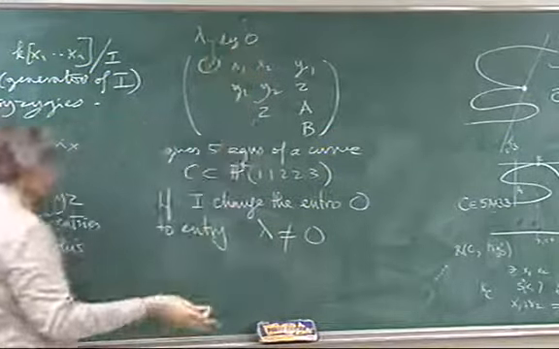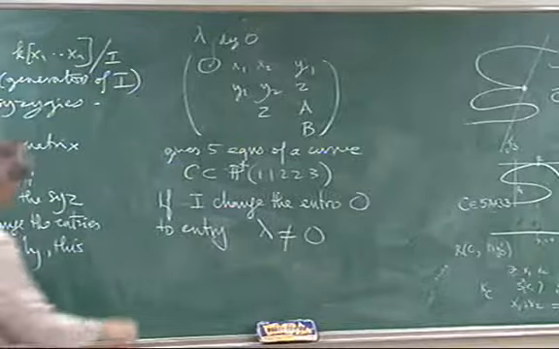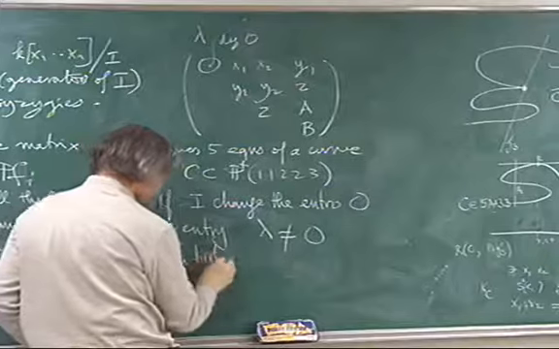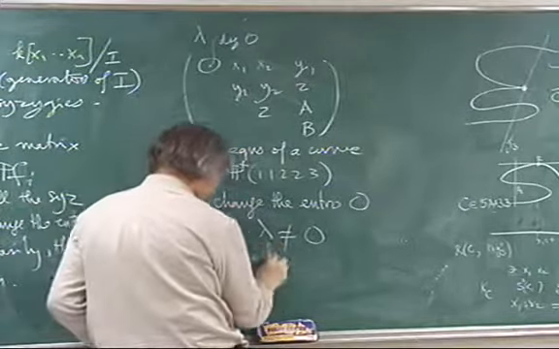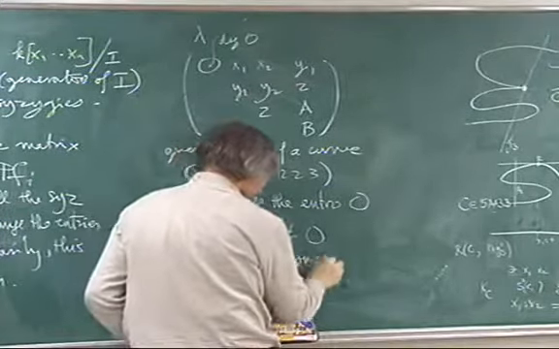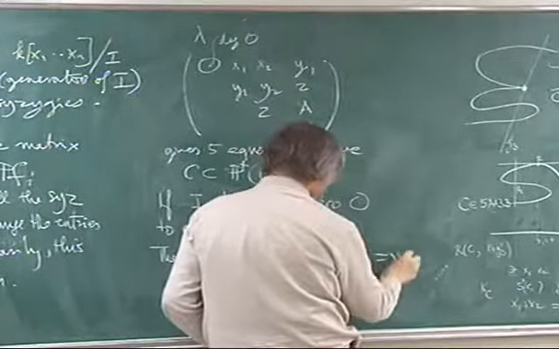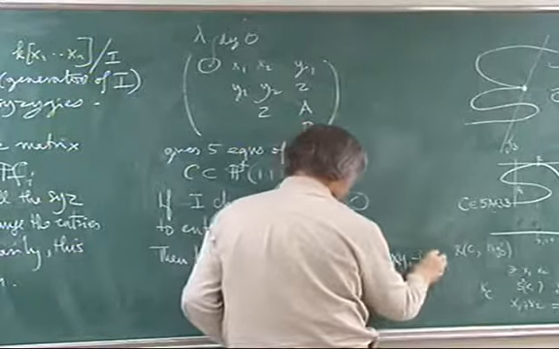It's degree 0, so I'm allowed to put a constant there. Then the first equation becomes lambda z equals x1, y2 minus x2, y1.